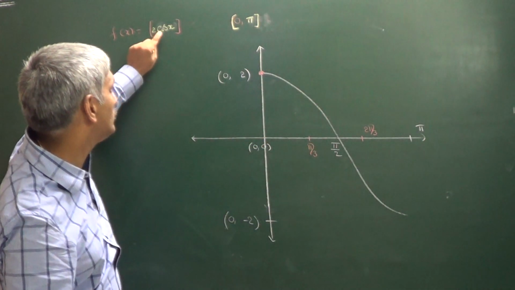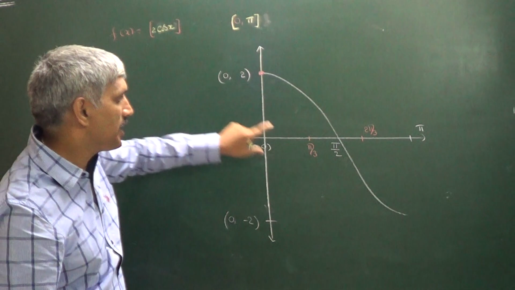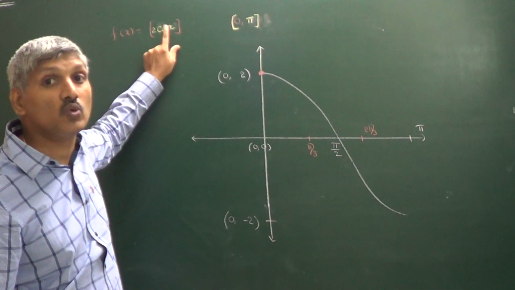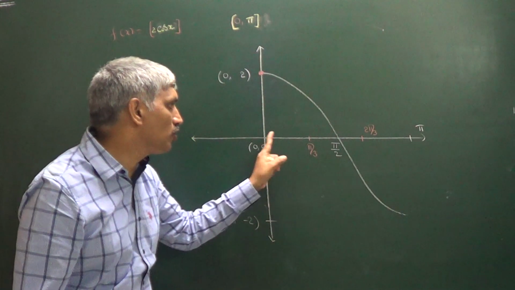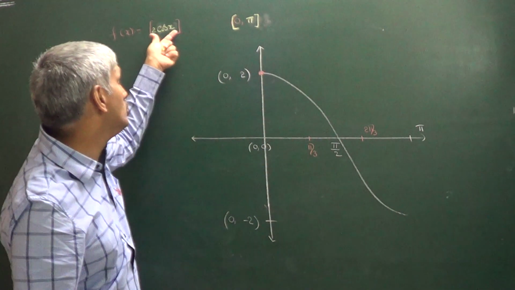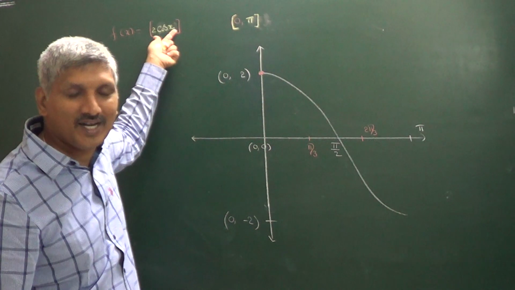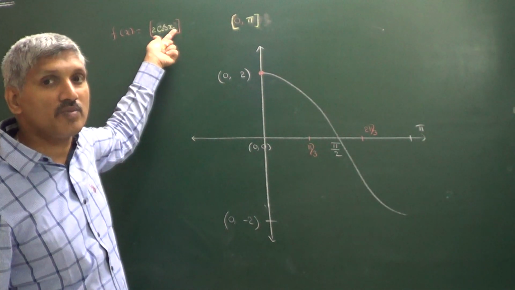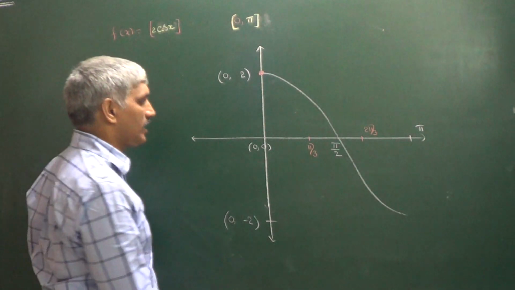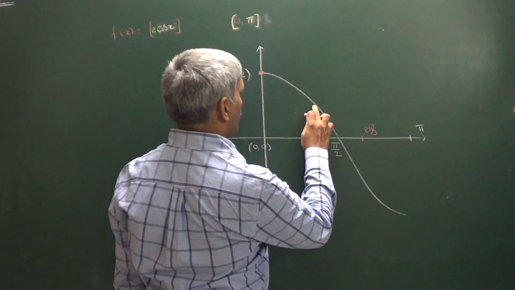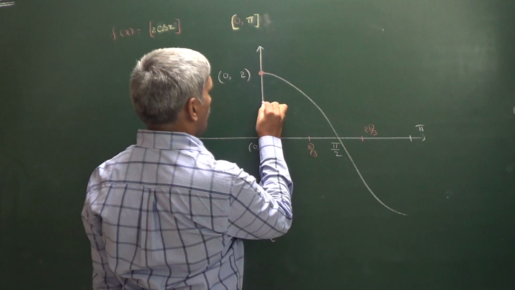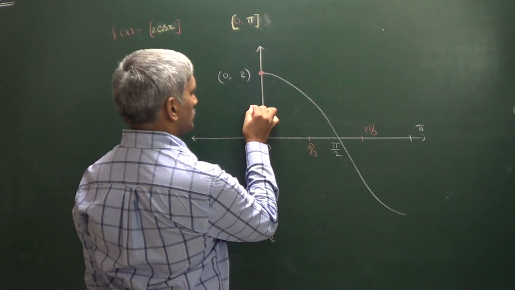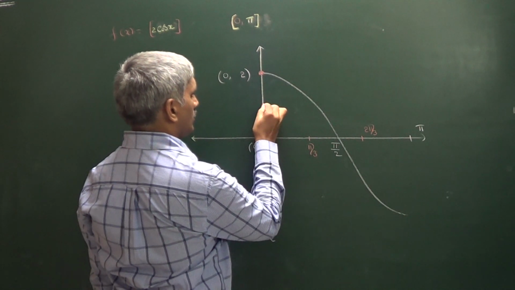In case of 0 we are getting 2, and in case of 60 what happens? 1 by 2, that means it becomes 1. So between 0 to 60 the value lies between 2 and 1. When the value lies between 2 and 1, integral part becomes 1. That's why it becomes 1 between 0 to pi by 3. So somewhere here we have 1.